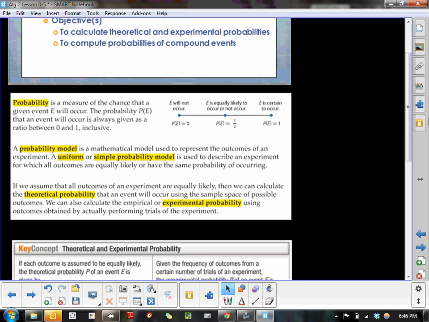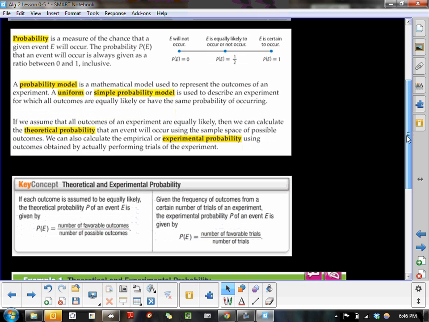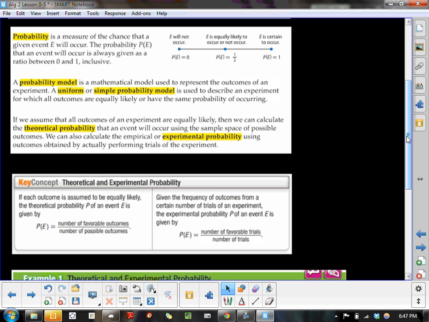Now the last little bit here, and then we'll get into more of our structure of it. If we assume that all outcomes of an experiment are equally likely, then we can calculate the theoretical probability. Theoretically, we're saying this is what should happen, that event will occur using a sample space of possible outcomes.